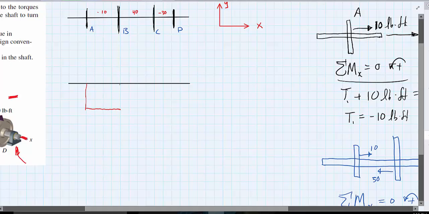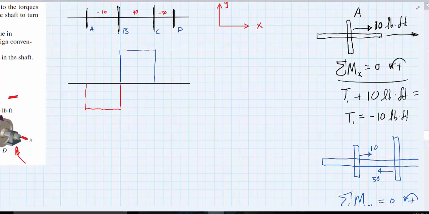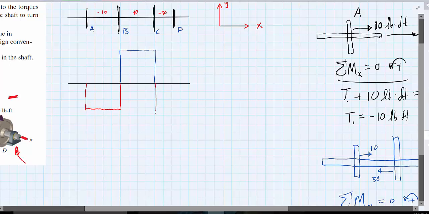And then when we get to point B, it's going to be a positive 40 foot-pounds and it's constant until we get to member C. And then when we get to member C, it'll become a negative 30 foot-pounds until we get to member D. So this is negative 30 foot-pounds, negative 10 foot-pounds, and this is 40 foot-pounds.